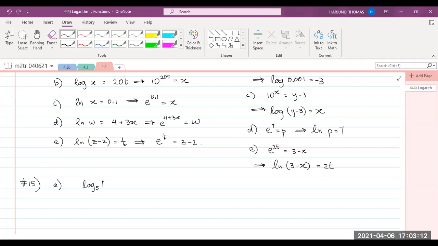How do I compute log base 5 of 1? If I don't memorize that, then the first thing you do is you make it equal to x, and we will compute that x. Make it into exponential form. In exponential form, this is 5 to the x equals 1.